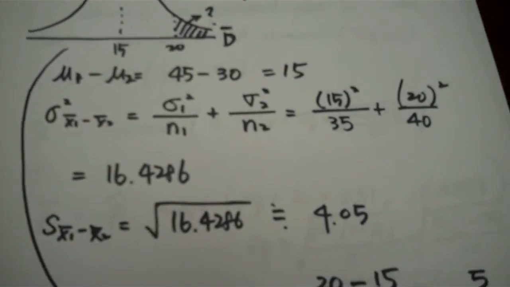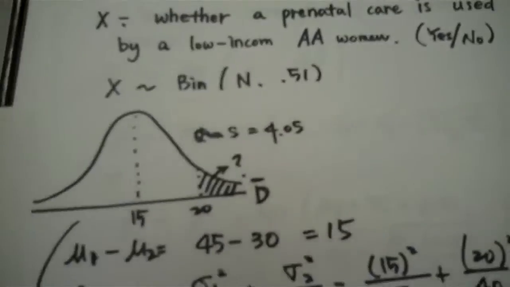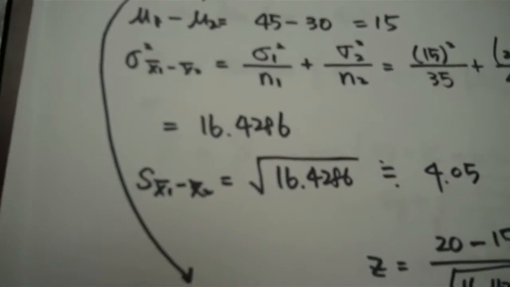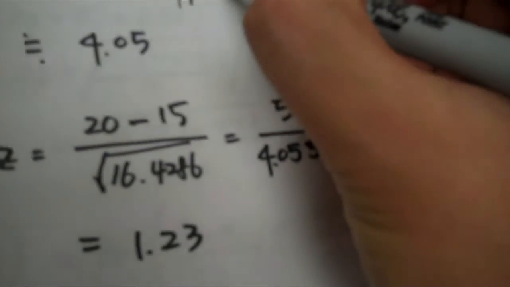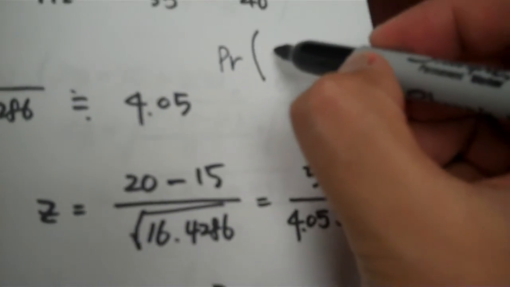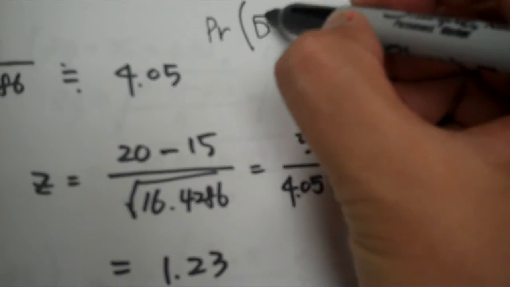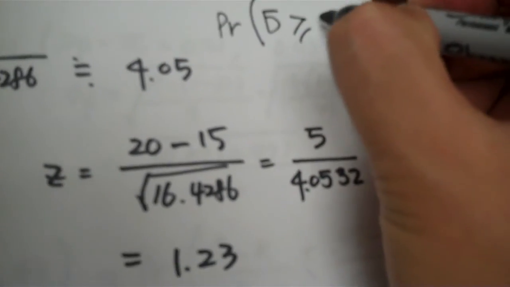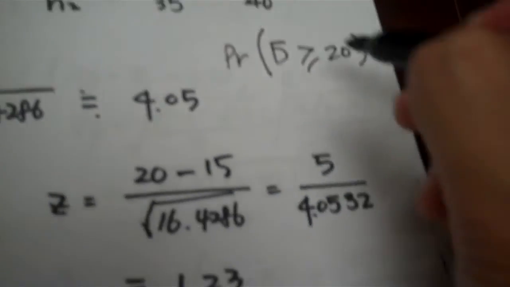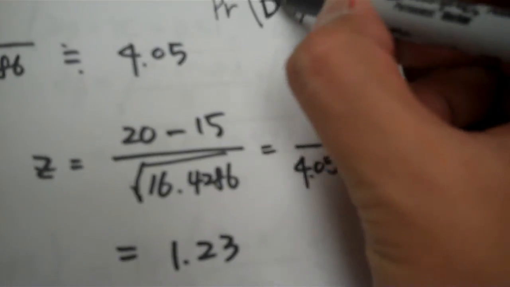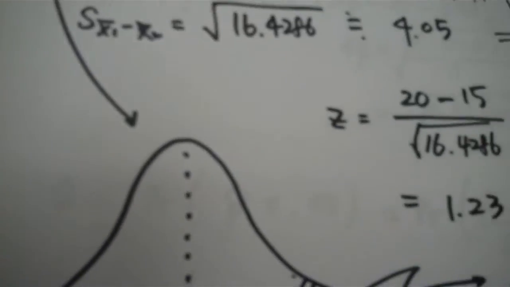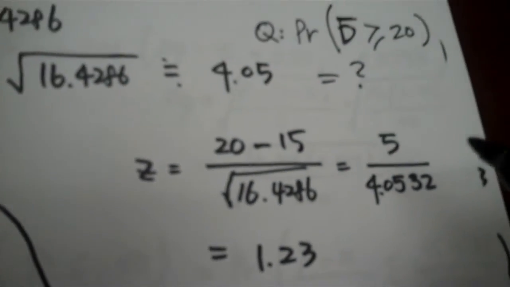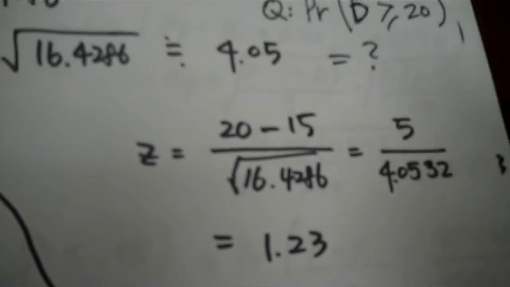And then we want to know the probability that the difference is bigger than 20. What is the probability in here? That is the question.